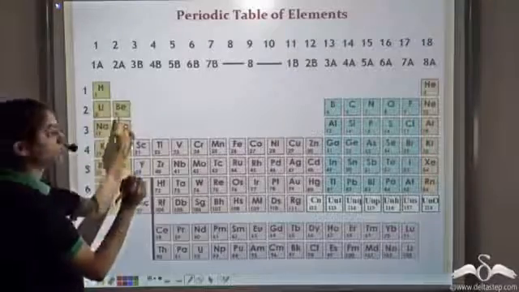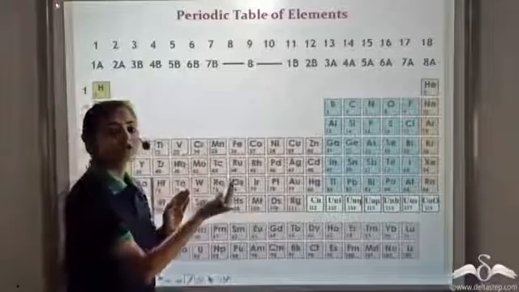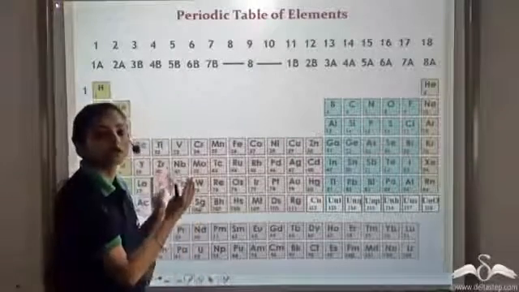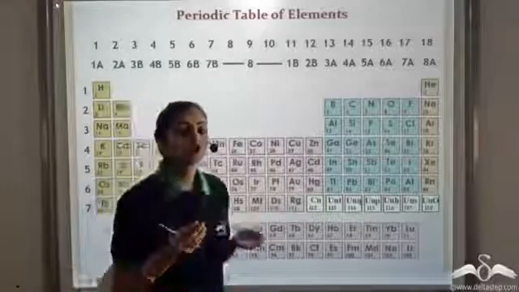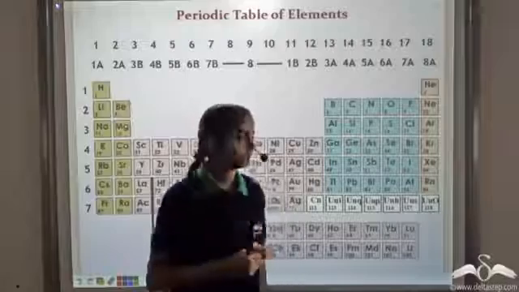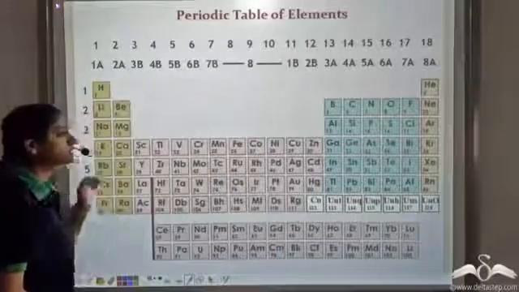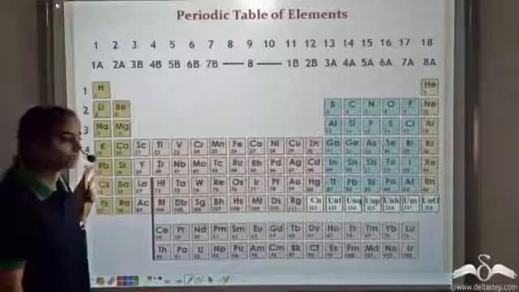You add 1 proton to beryllium, it becomes boron. So as you change the number of protons, the element no longer remains the same. It changes into another element. So the atomic number, that is the number of protons for each element, is unique. And therefore, this was used as a property to classify the elements in the modern periodic table.